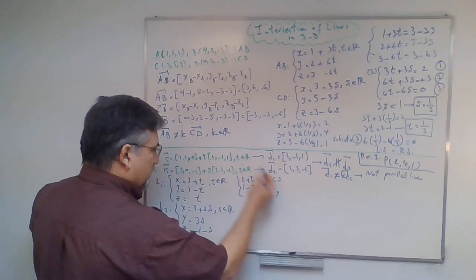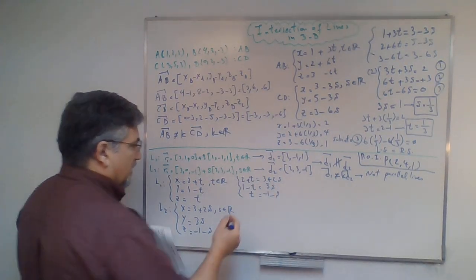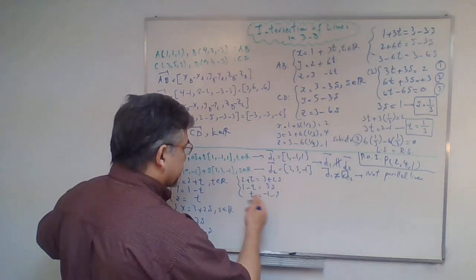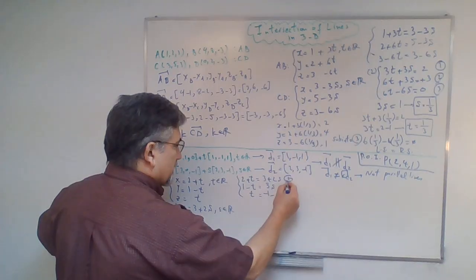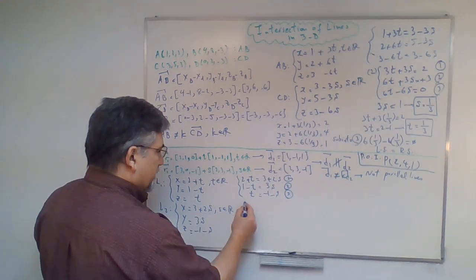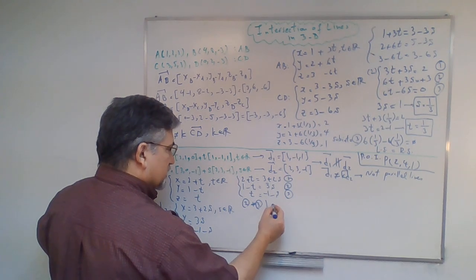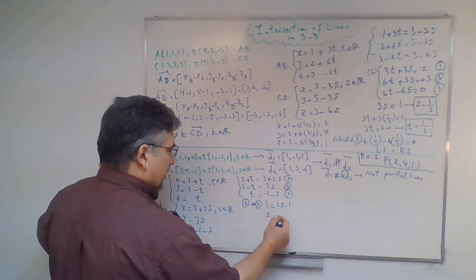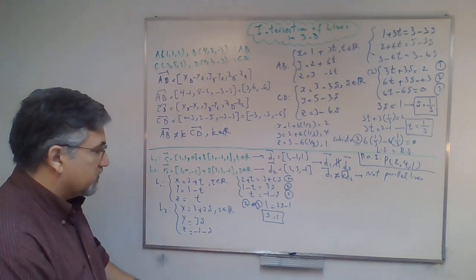So these 3 equations simultaneously must be satisfied with unique values of t and s. Okay, so if I add equations 2 and 3 up, we get 1 equals 2s minus 1. From here, s is equal to 1.